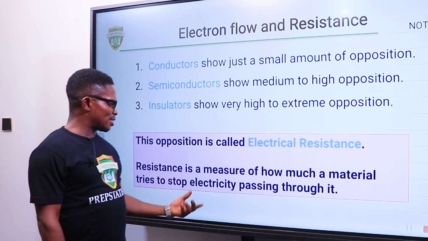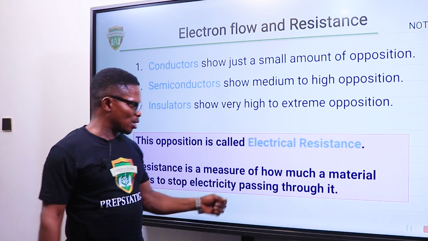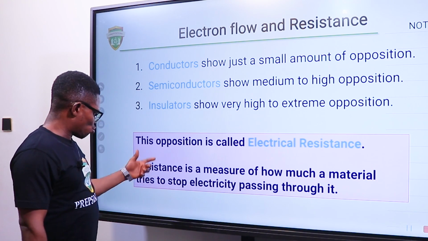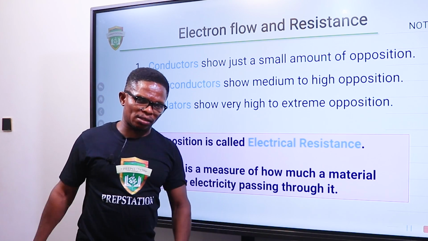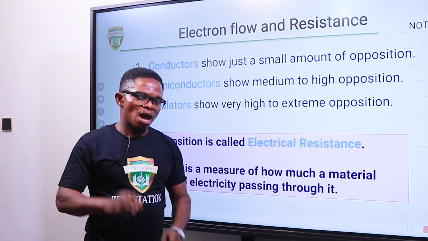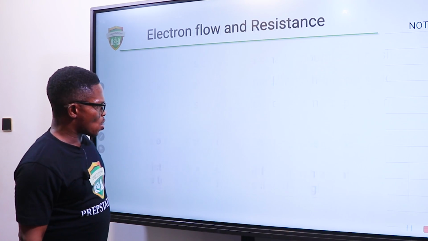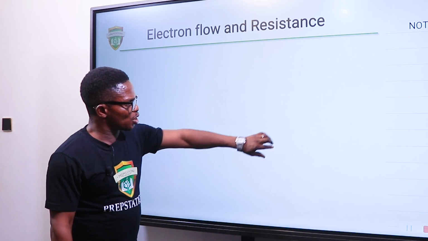So resistance is a measure of how much a material tries to stop electricity passing through it. That is what is called resistance. And every material has some level of opposition to the flow of current, as we're going to see shortly.